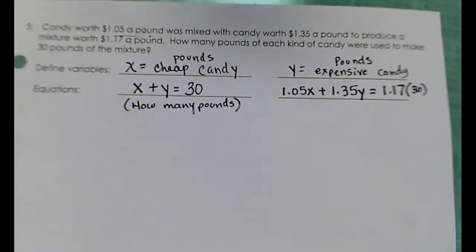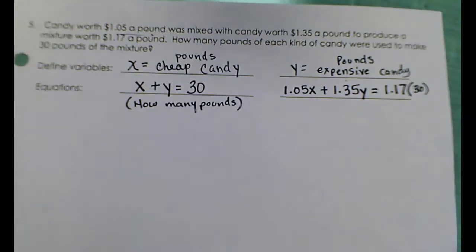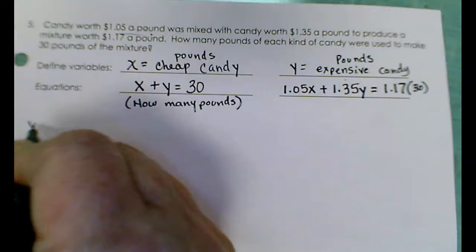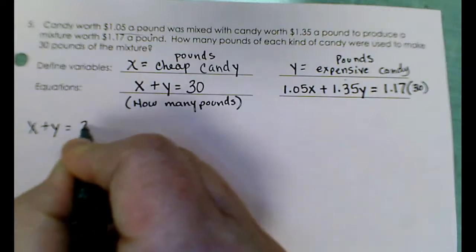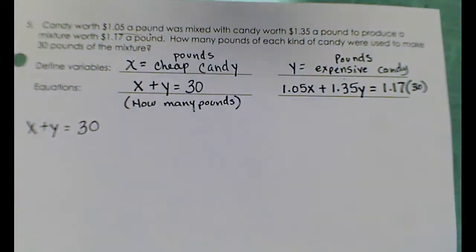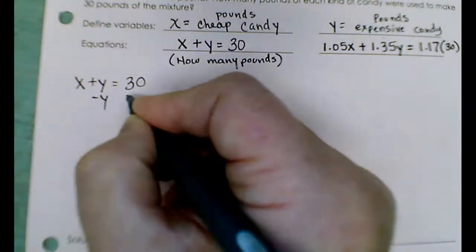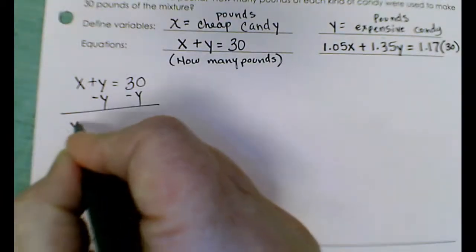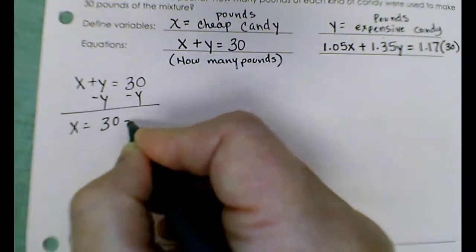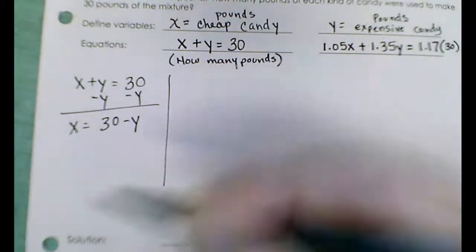So if I'm solving by substitution, this is going to be my first equation, and it is not solved for one of the variables. So do you want to solve it for x or y? It doesn't matter. The choice is yours. So somebody chose x, so that x would be equal to 30 minus y.